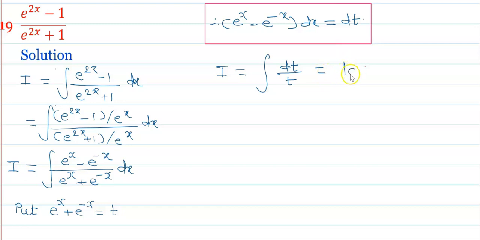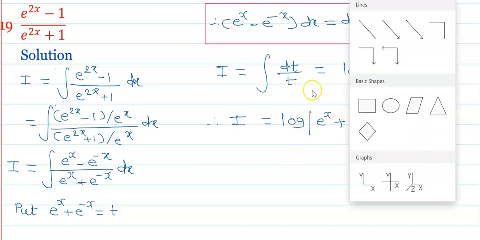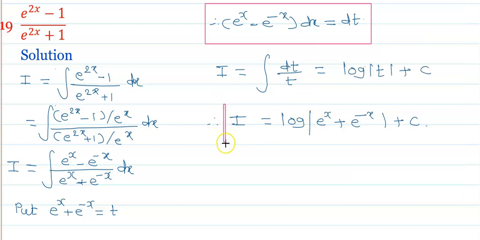Its integral is log of mod t plus c, and therefore I is equal to log of mod of e raised to x plus e raised to minus x, plus c. Okay, this is the answer.